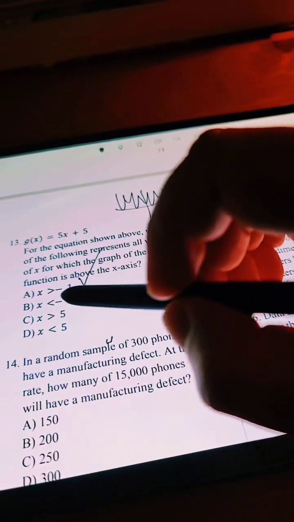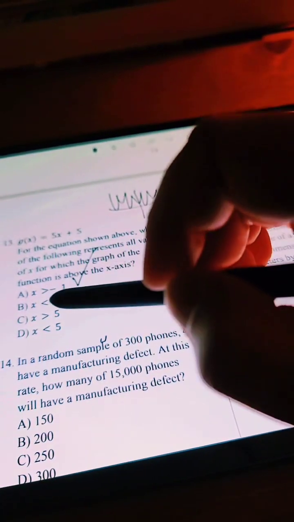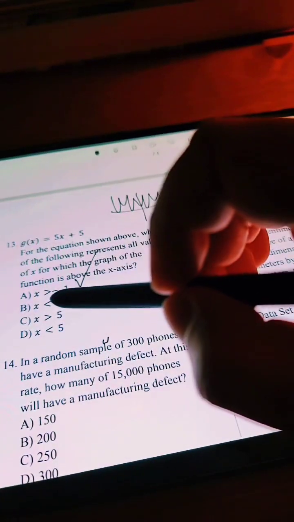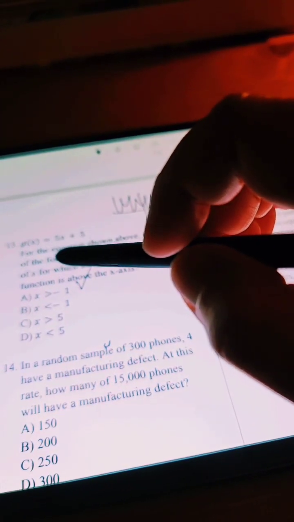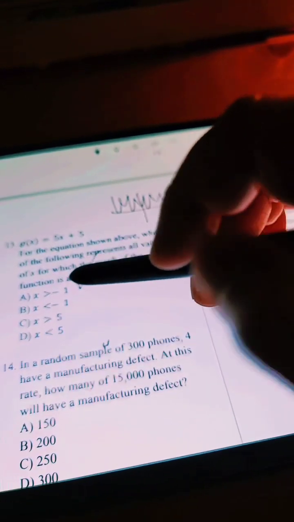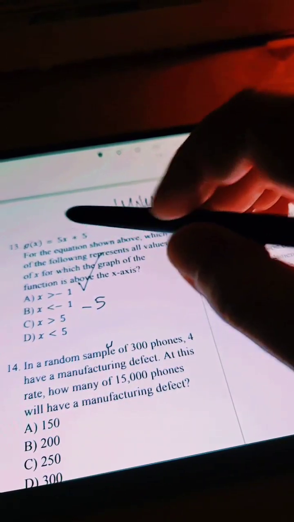So then I would pick something like 0. Well, 0 is going to work for that one and that one. So then I would probably pick, let's try -5.